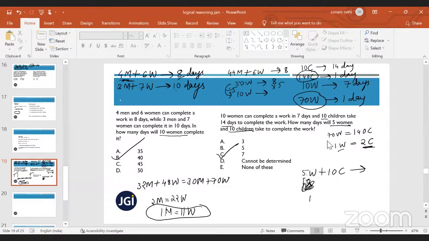So 5 women will be 10 children plus another 10 children. Basically 20 children they are asking. We know 10 children is 14 days, so 20 children will be half of it, 7 days. That's it. Very simple.